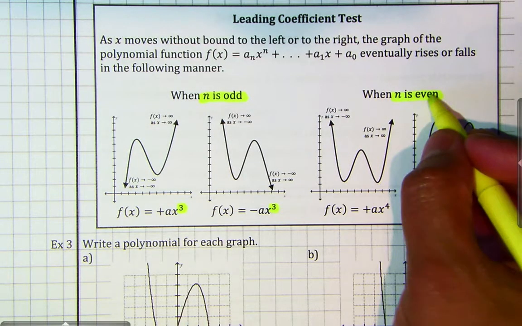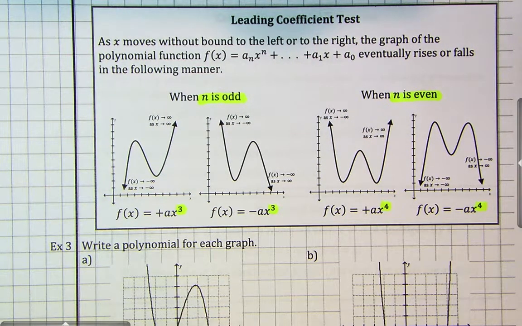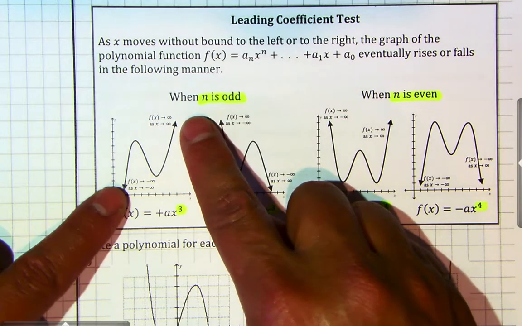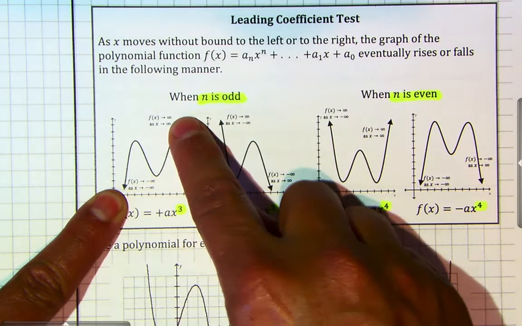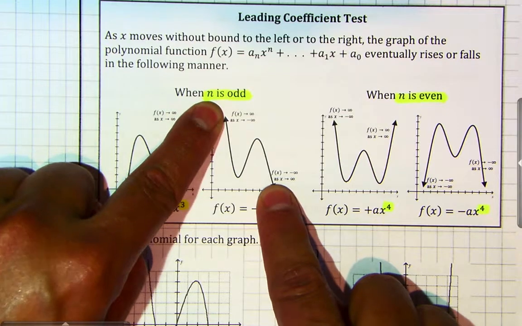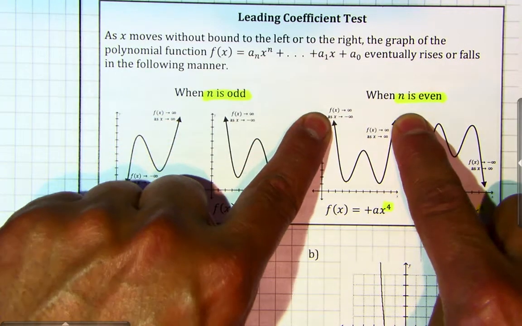When n is even, they give you the example of to the 4th power. And if it's odd, you know that it will go from negative infinity all the way to positive infinity, or vice versa. But whenever the degree of the polynomial is even, they both will be positive infinity or both will be negative infinity.